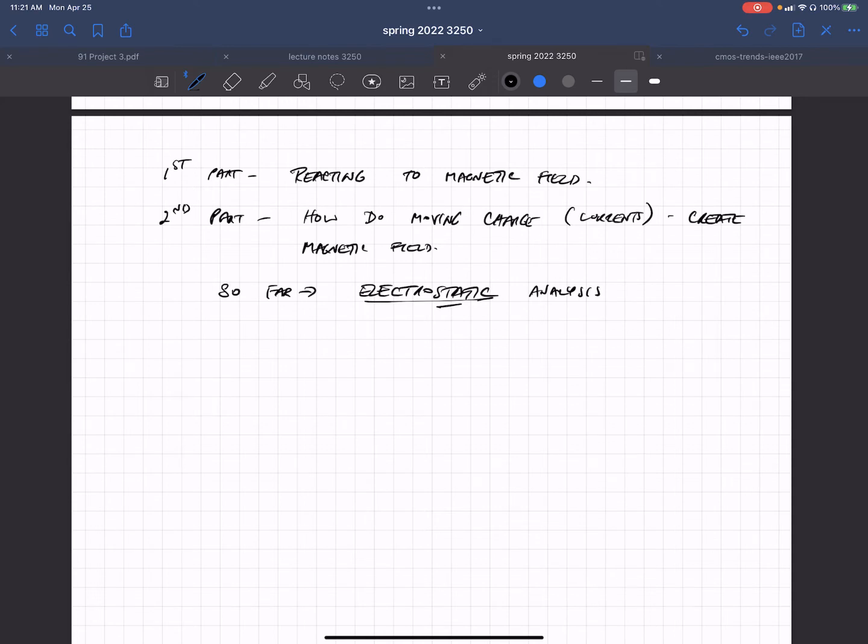Now, in the case of a magnetic field, we've got another set of problems, because a magnetic field is created by moving charges.